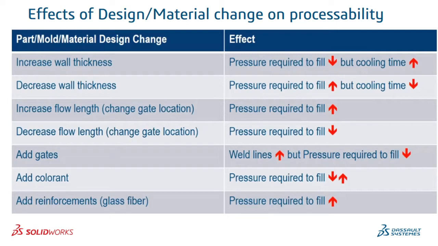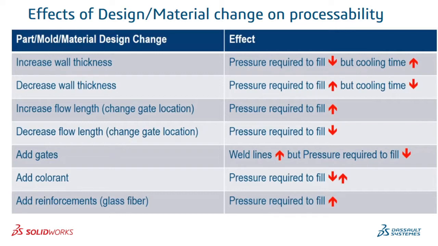Adding gates will increase the weld lines, but the pressure required to fill will be less, right? So these are a few things we need to keep in mind when we make certain changes, like increasing or decreasing the thickness of the part, adding gates, whether it is made with one gate or multiple gates, what will be its effect on the part, right?